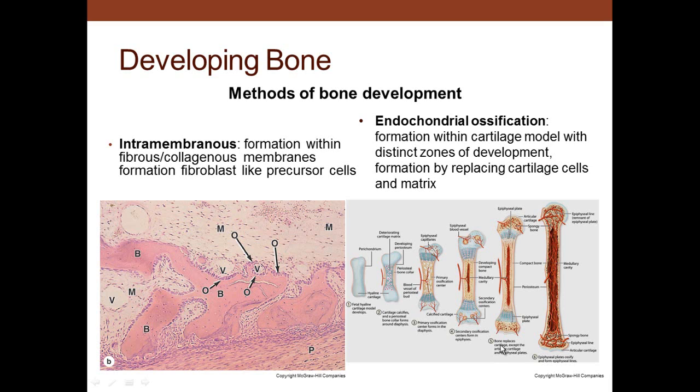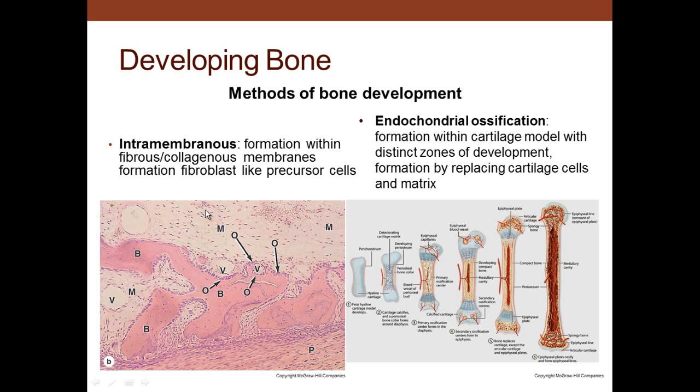Because there's no interstitial growth in bone, it only has appositional growth or differentiation from the cartilage itself. That is, it replaces the cartilage with bone. It doesn't differentiate from cartilage, but it replaces the cartilage core. Another type is intramembranous.